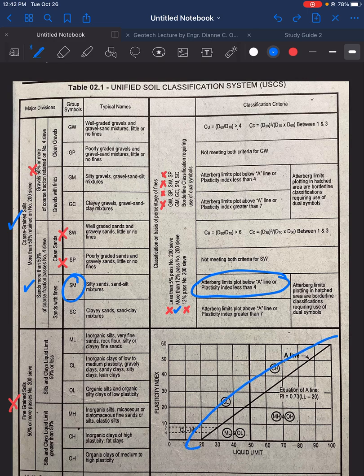So this is the A line. Or plasticity index is less than 4. And for SC, we have Atterberg limits plot above A line or plasticity index greater than 7. If you want to check, let's plot it. What's the plasticity index? Is it given? Because it says here plasticity index versus liquid limit.